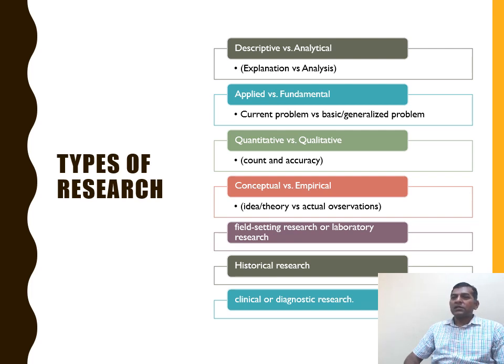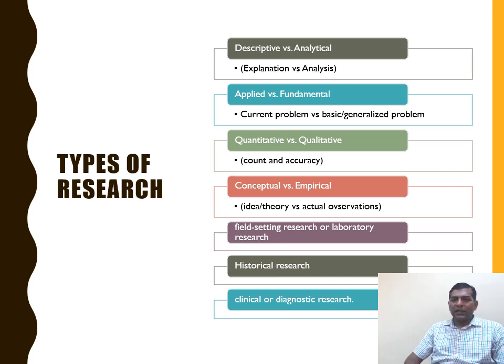The next is conceptual versus empirical. Conceptual is where people have an idea, the theory which they want to prove with their own ideas, like a mathematical term or the explanation they have. With that method, they will try to prove or judge the idea or concept.